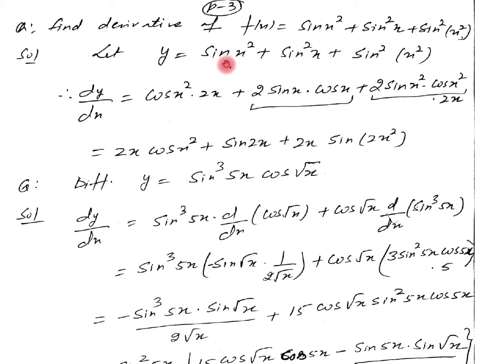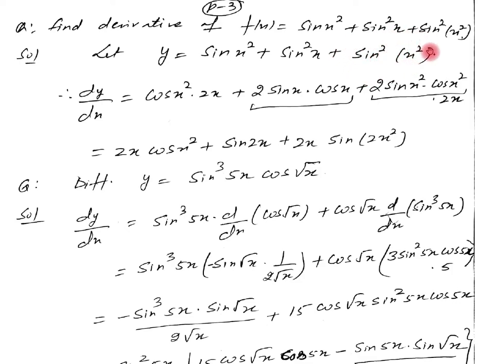Now the derivative of the first, the derivative of sin is cos x square as it is. Then the derivative of x square is 2x, plus now sin square x, whole power is 2, so 2 into sin x into the derivative of sin x, cos x, plus again it is sin square x square.